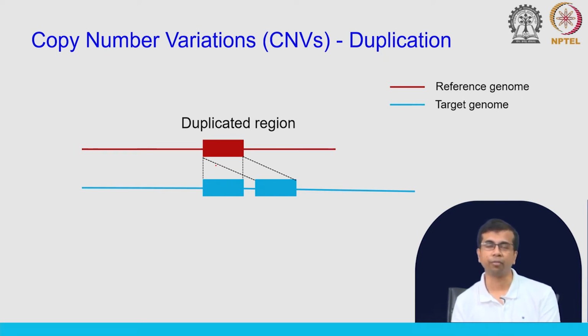Okay. So, this is what we call duplication. The general term for duplication is amplification, where you can see even more than two copies of the same region. This can happen, that you have 3-4 copies of the same gene in the target genome. Okay. So, that we call amplification.